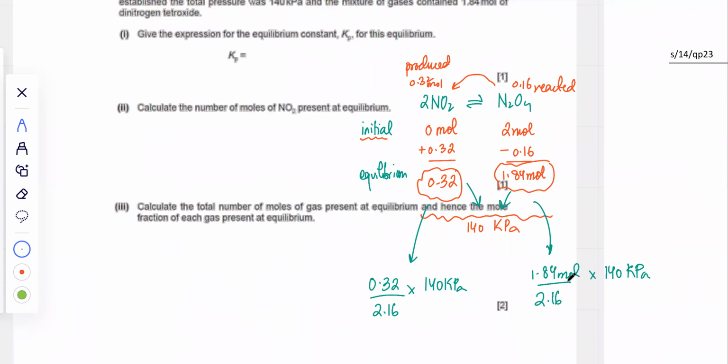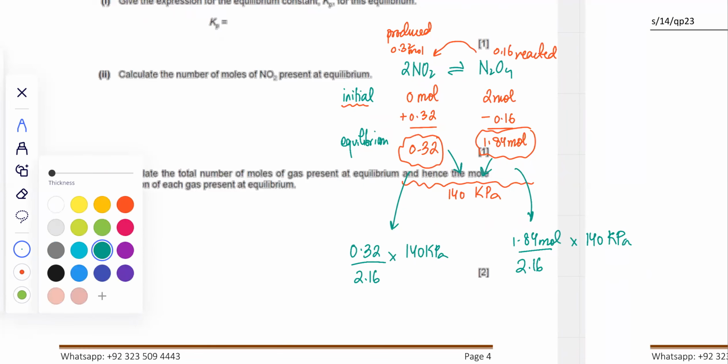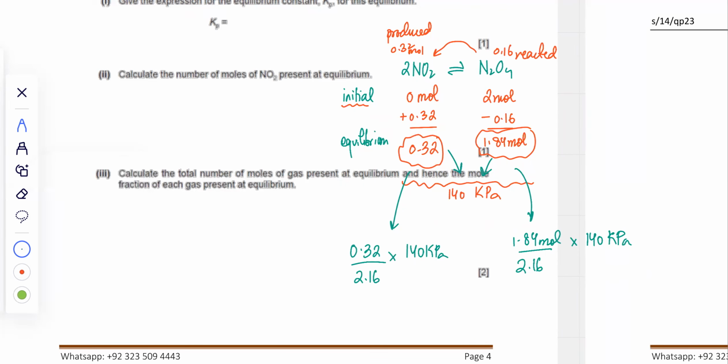So what are the two numbers that you're getting for this? Can anyone quickly tell me what the answer is? 119.3 for the 1.84. 119.3, right?